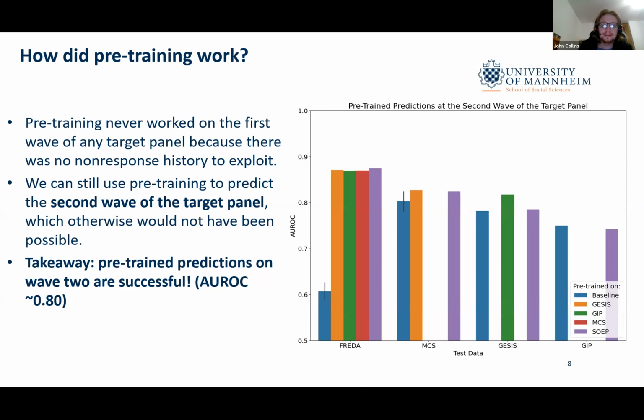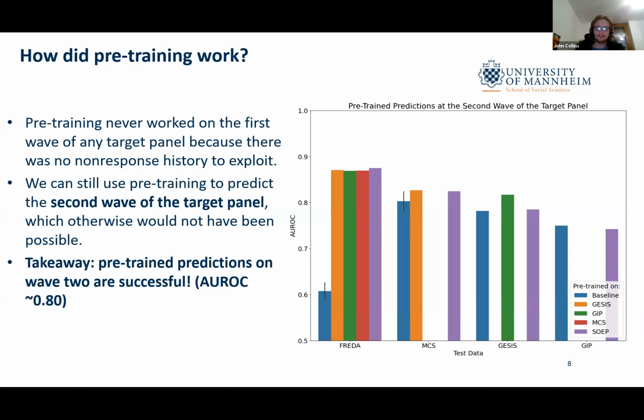In fact, in the case of the Frida panel, a totally new survey that had only just accomplished 3 waves, in the second wave we did significantly better than if we had been working without pre-training and even just making these retrospective predictions. So the takeaway here is that pre-training is possible.